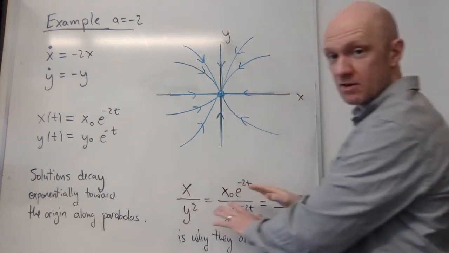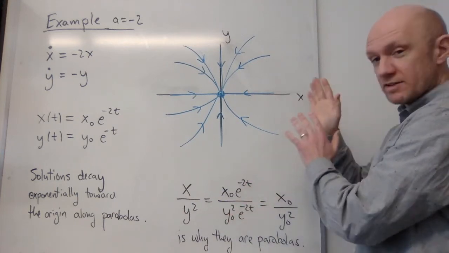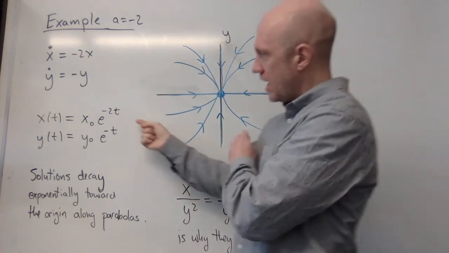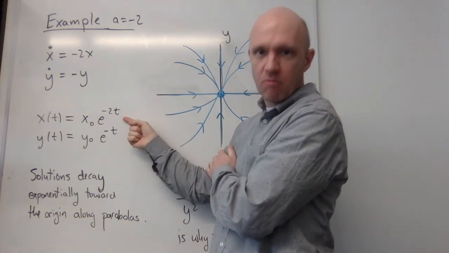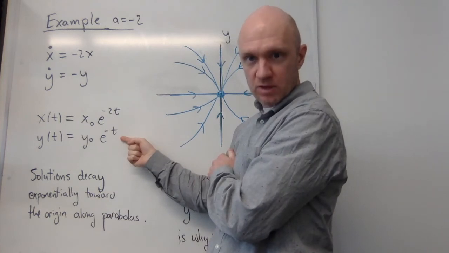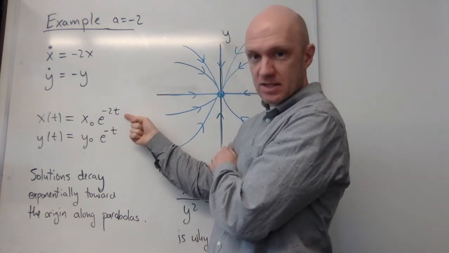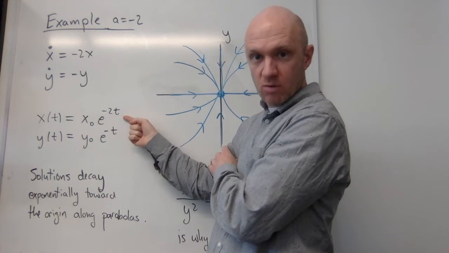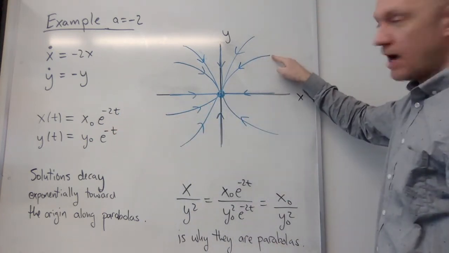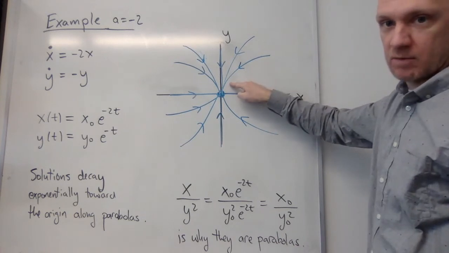So this time, before you look at anything down here, let's think about, just generally, qualitatively, what these solutions are doing. X is decaying more quickly. Y is decaying more slowly. So X is going to get closer to 0 more quickly. So if I start right here, I'm not going to go in along a straight line like before.